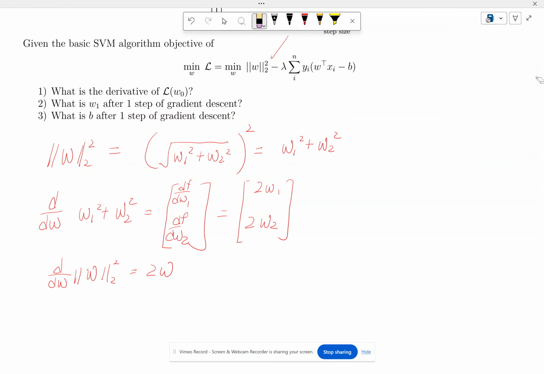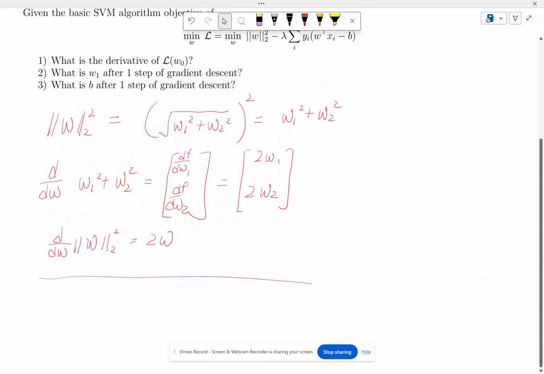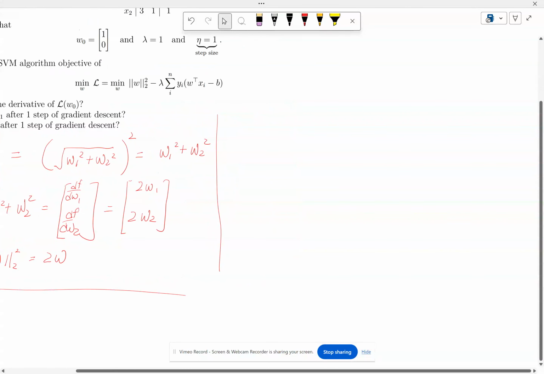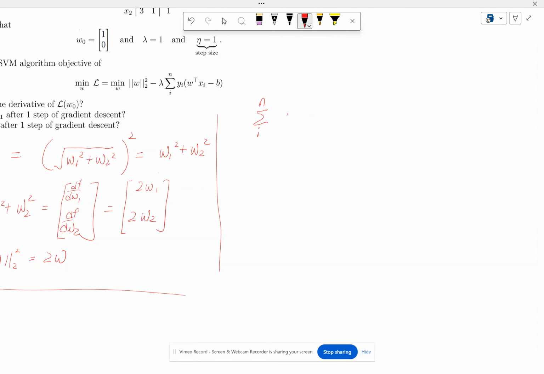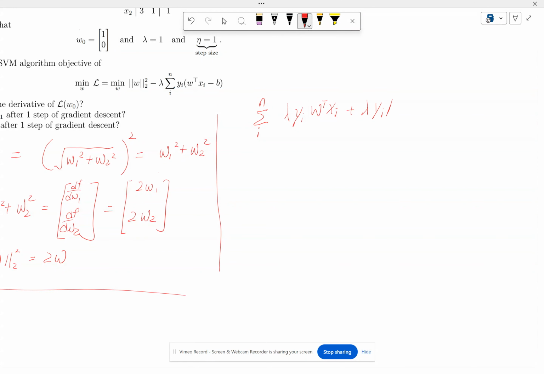Let's find the derivative for the second part. Actually, maybe I'll write it over here instead. The second part is quite easy. It would be the sum from i equals 1 to n of lambda yi w transpose xi, minus, actually it's a plus, lambda yi b. Did I do that right?